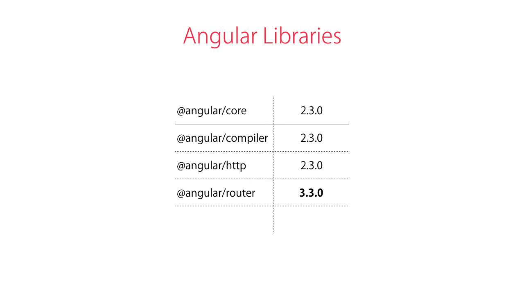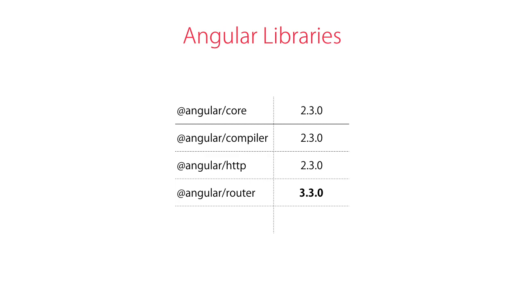So let me explain what happened. Angular consists of a few different libraries that are distributed as separate node packages via NPM. For example, we have the core library that we use in every application. We have Angular compiler. We have Angular HTTP for calling HTTP services. We have Angular router for adding navigation to applications and a few other libraries.